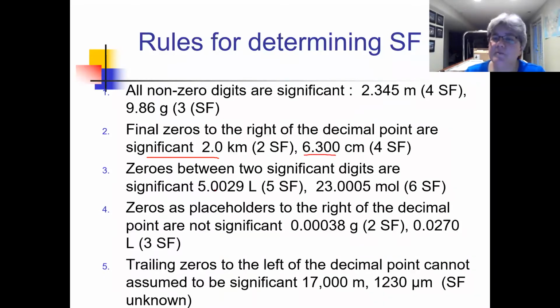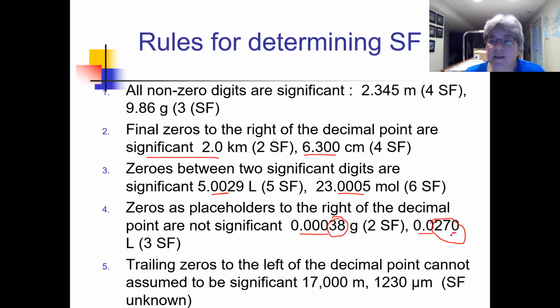If you have zeros between other numbers, those are significant. So these are all significant. If the zero's a placeholder to the right of the decimal, like here or here, those are not significant. So we only look at the last numbers to see what's significant.